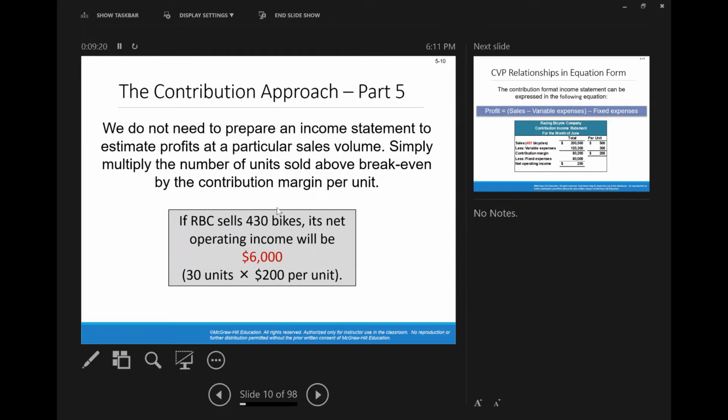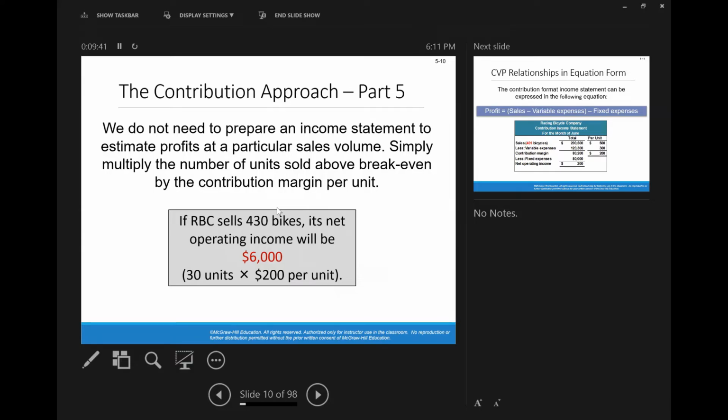So if they sell 430 bikes, its net operating income will be 6,000. This slide's just saying we don't have to lay it all out in the format of an income statement. We can calculate this without that because we know that 200 is the contribution margin. So all we have to do is take that 200 and multiply it by the units.